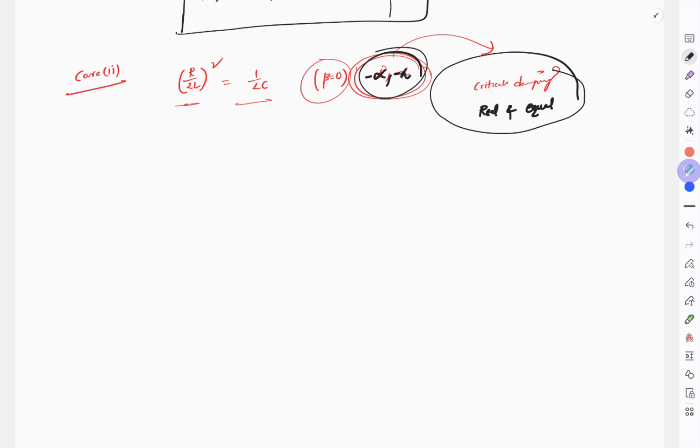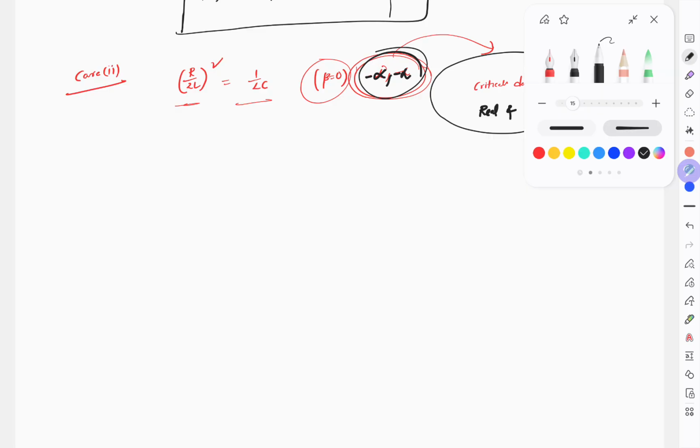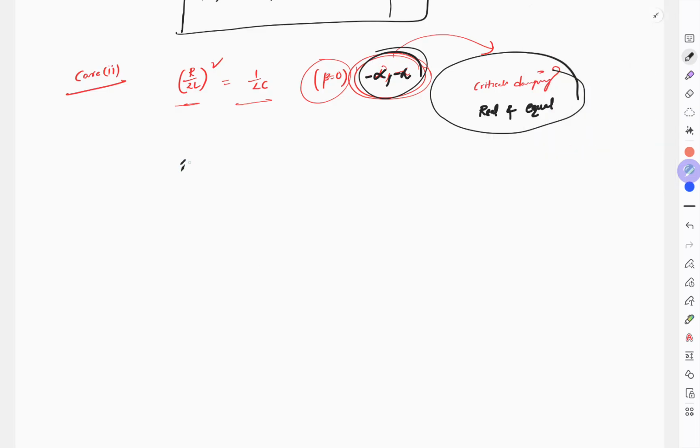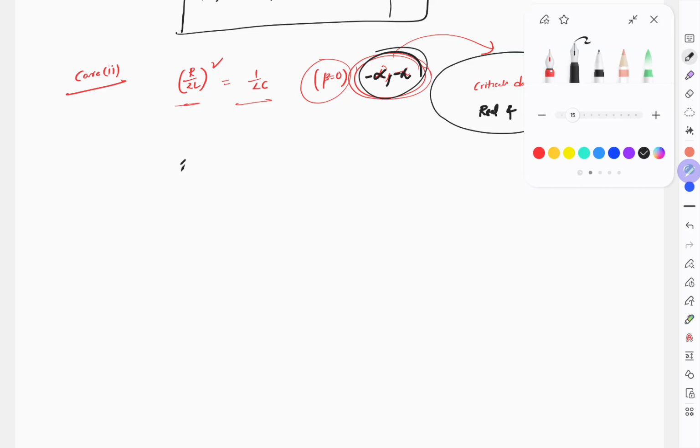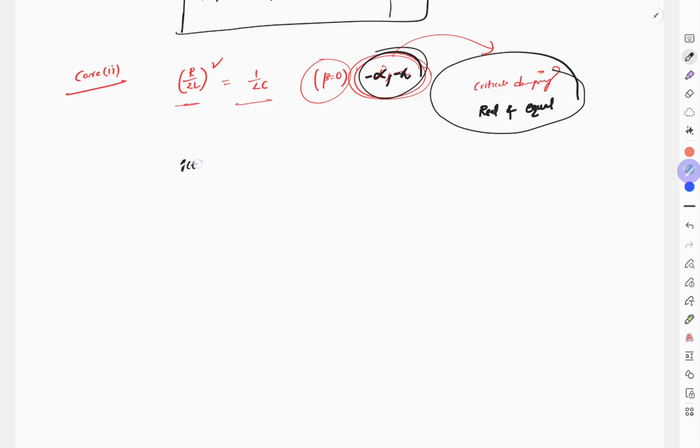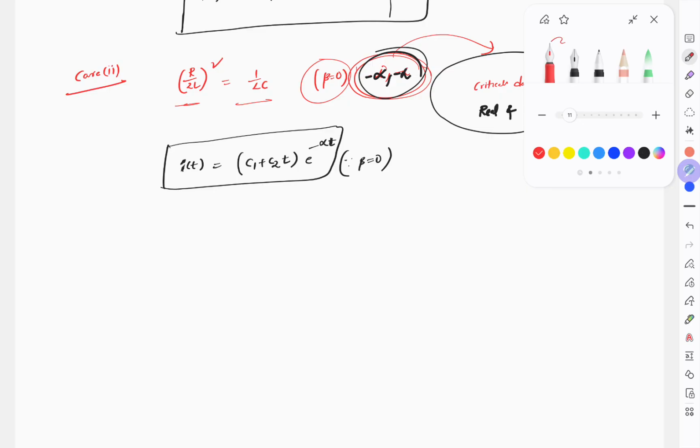If it is real and equal, then we can use the formula (C1 plus C2 t) e power minus alpha t, because beta is equal to 0. Since beta equal to 0, it consists of only the alpha term. Okay, this you understood.